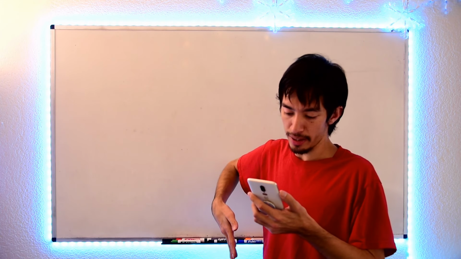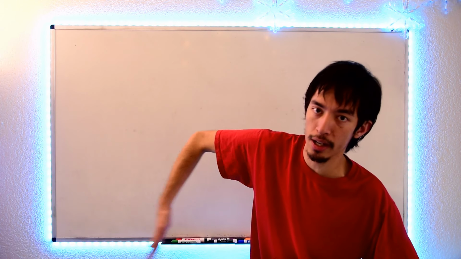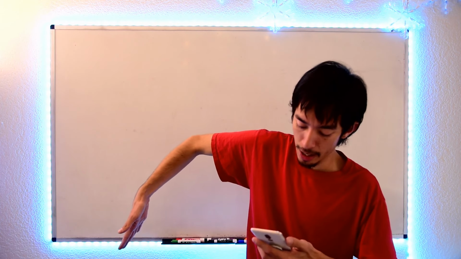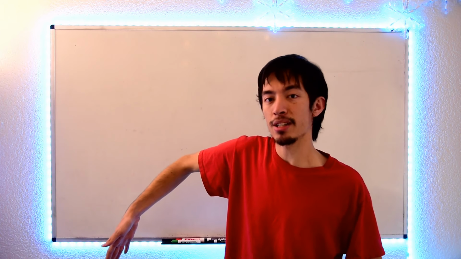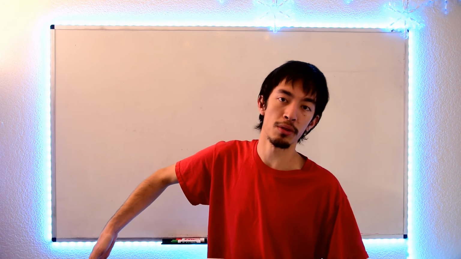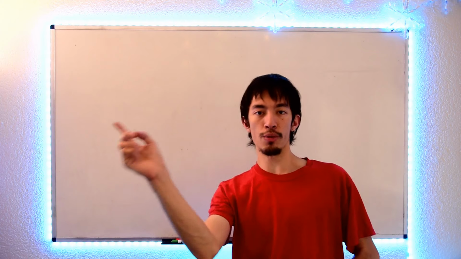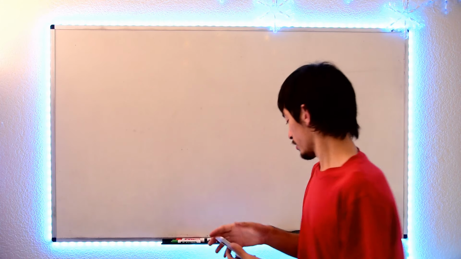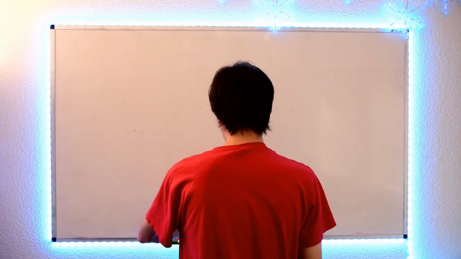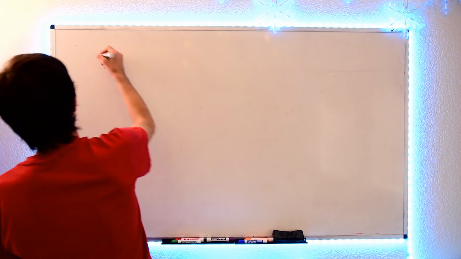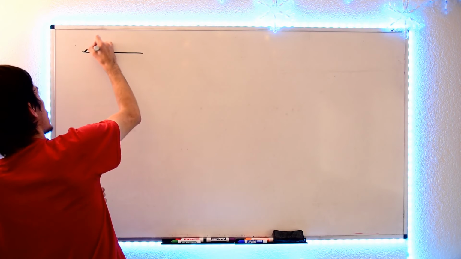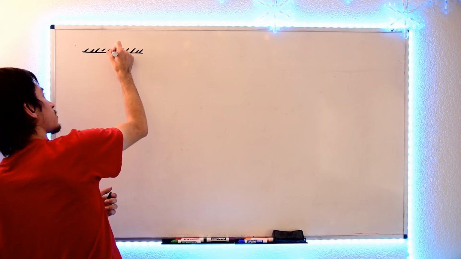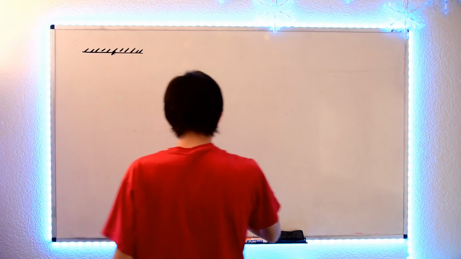But it says here that the string doesn't hang down vertically, it hangs at a 17-degree angle from the vertical. So instead of hanging straight down like this, it goes like that. Okay. But it says that the mass moves in a horizontal circle. So we're expecting something to do this. Okay. So the picture is that we have a string that's attached to somewhere. Let's write this as the attachment point.